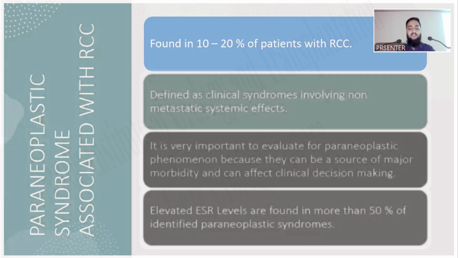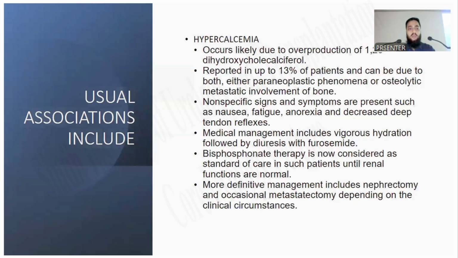Elevated ESR levels are found in more than 50% of identified paraneoplastic syndromes. Usual associations include hypercalcemia, occurring likely due to overproduction of 1,25-dihydroxycholecalciferol, reported in up to 13% of patients, and can be due to either paraneoplastic phenomena or osteolytic metastatic involvement of bone.